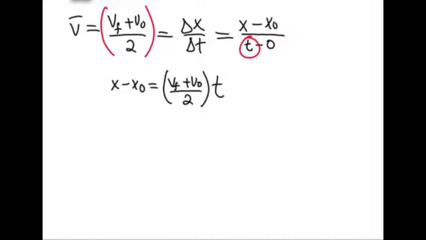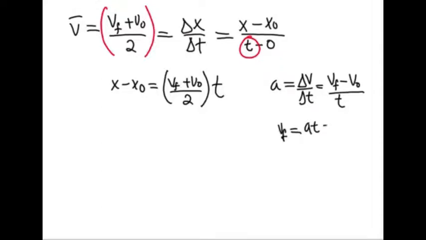Now we also have our other equation, which tells us the acceleration is the change in velocity divided by the change in time, and that is equal to the final velocity minus the initial velocity divided by delta t, which again is t minus 0, but we'll drop the 0. Now we're going to take this equation and solve it for the final velocity. The final velocity will be the acceleration times time plus v0, just taking this equation and rearranging it.